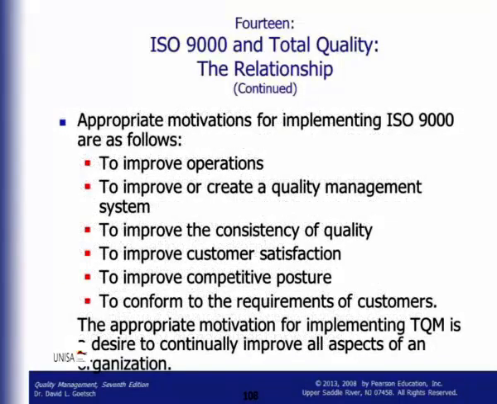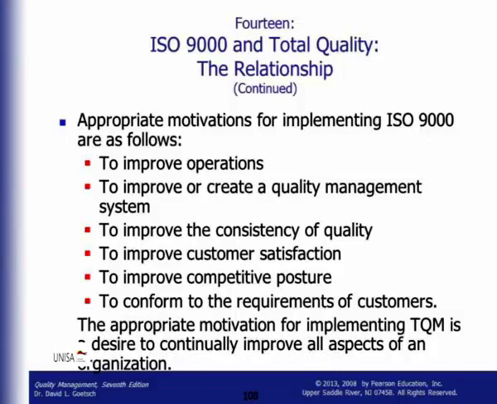Appropriate motivations for implementing ISO 9000 are as follows: to improve operations, to improve or create a quality system, to improve the consistency of quality, to improve customer satisfaction, to improve competitive posture, to conform to the requirements of customers.